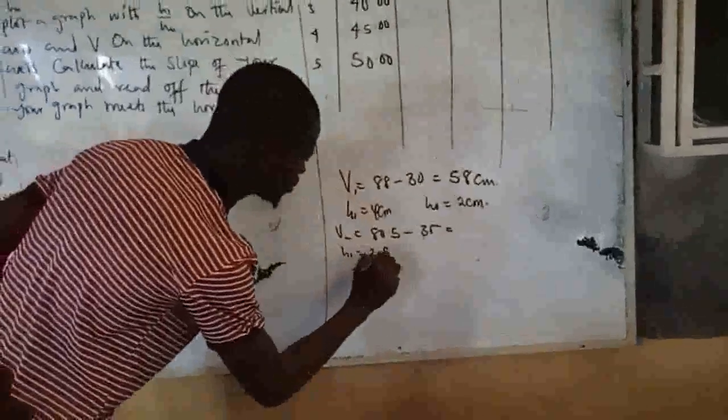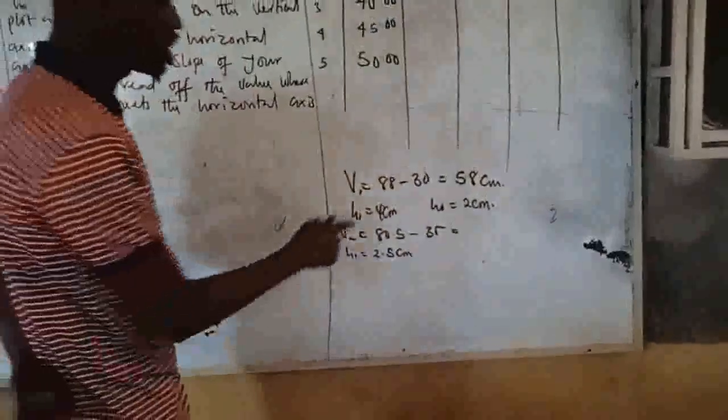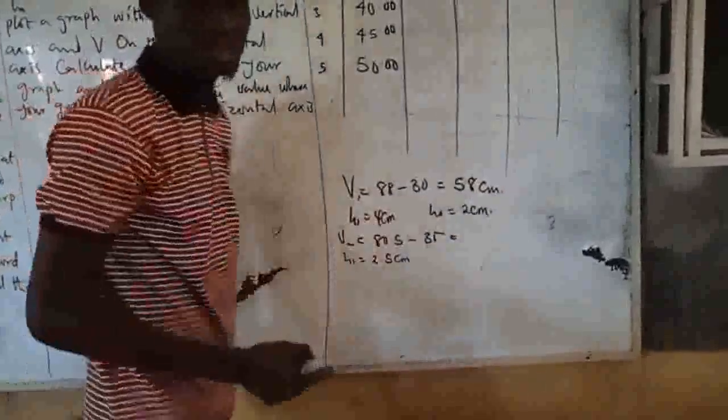I have this, and this should be 2. Sorry, I have 2.5 centimeter. So my image height HI equals 2.5 centimeter, where the object height is constant at 2 centimeter.